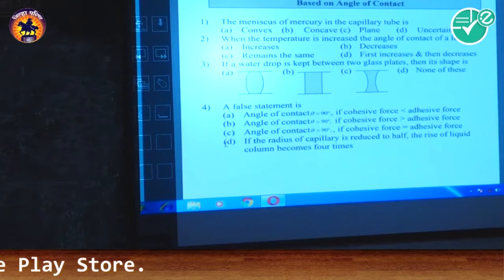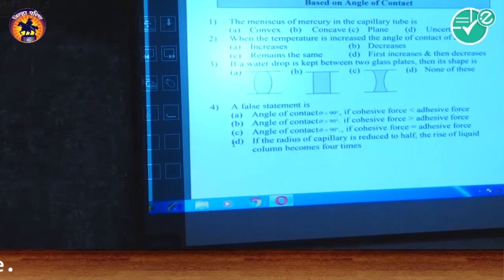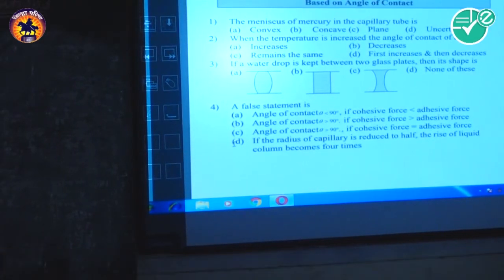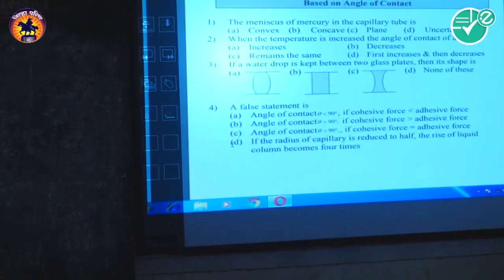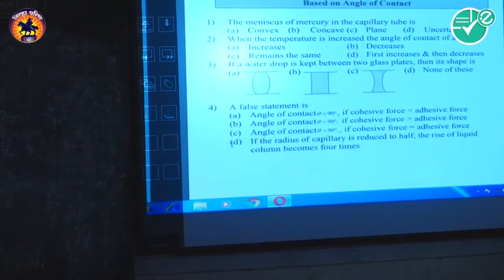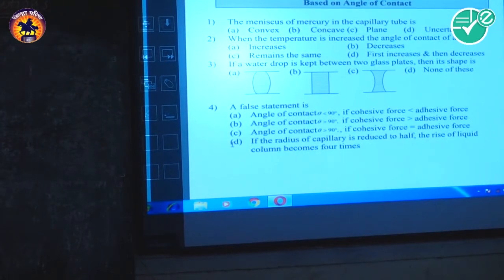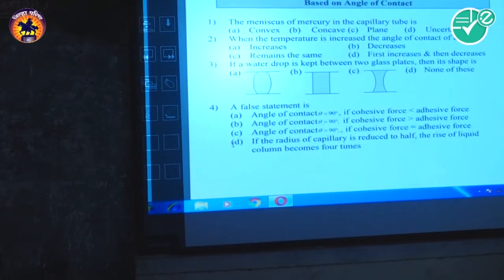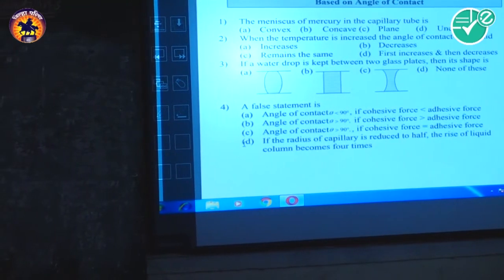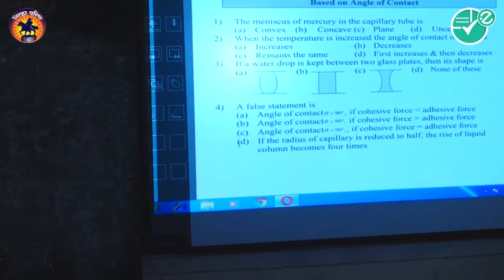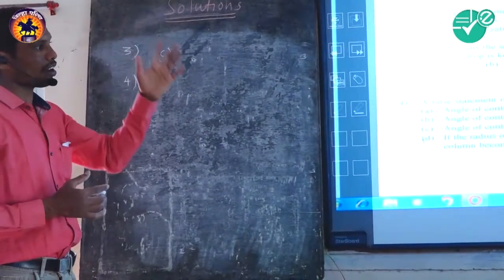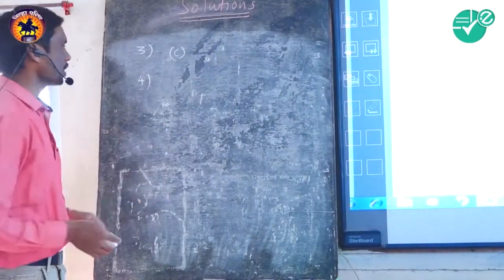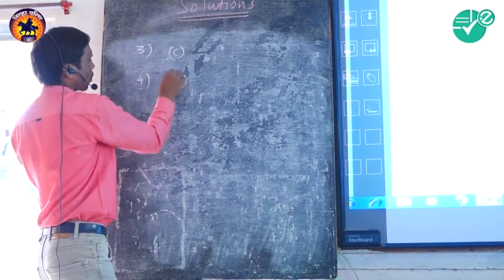See, angle of contact that is greater than 90, in this process cohesive force that is equal to the adhesive force. And last option, if the radius of the capillary is reduced to half, then rise of liquid column becomes 4 times. C1 option is also correct. In this process here the cohesive and adhesive forces both are equal or greater than, it means here option D1 is wrong.